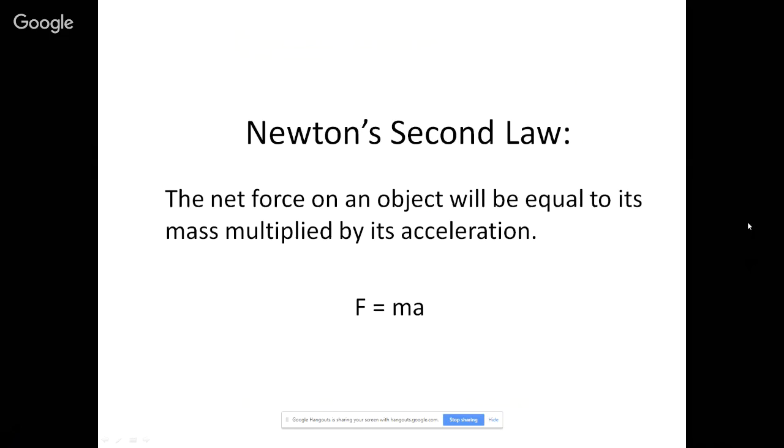This is Newton's second law, stating that an object experiencing a net force will accelerate in the direction of that force. It also states that this net force on the object will be equal to the mass of the object multiplied by the resultant acceleration of the object.